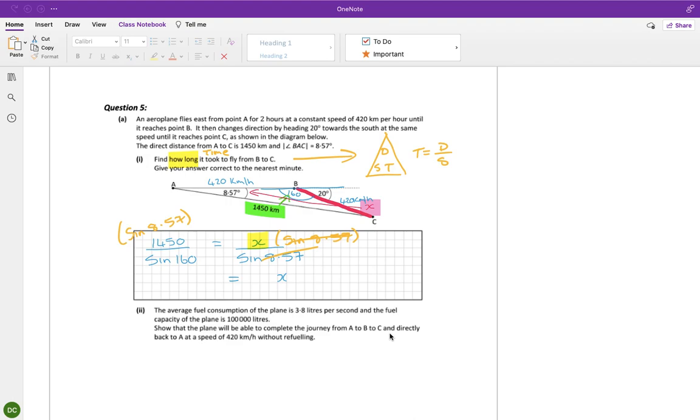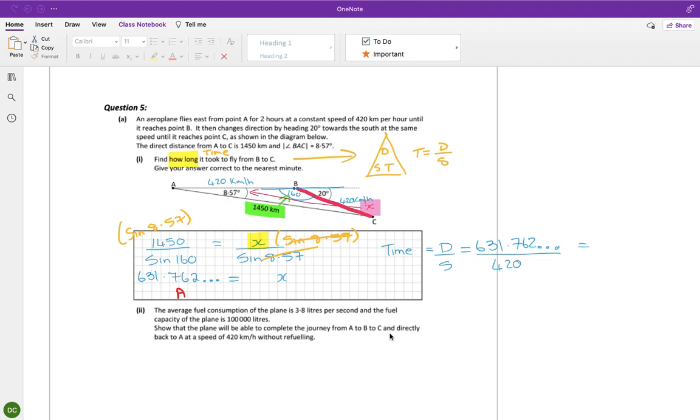So I have 631.762 and it goes on. So I'm going to store A there just so I have it. So I think that's the distance from B to C. So then I do time equals distance over speed. The distance is 631.762, and the speed was 420 because that's what they told me.